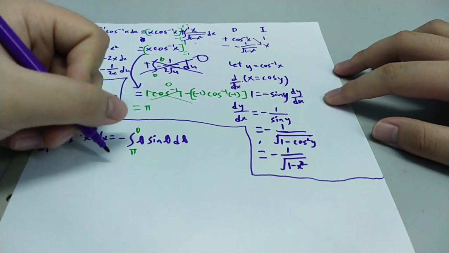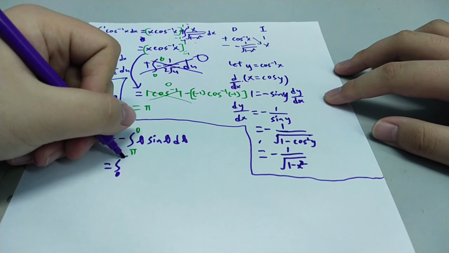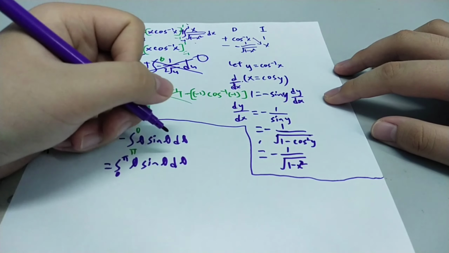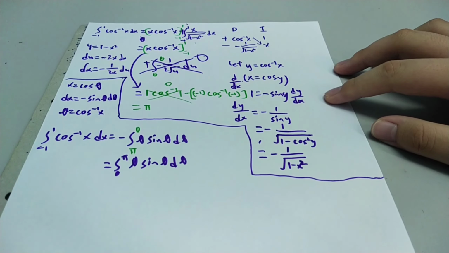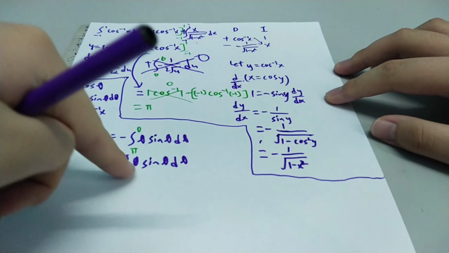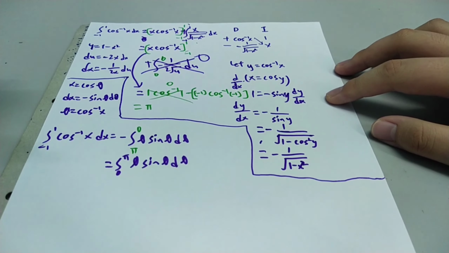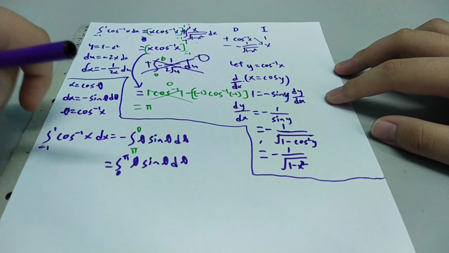So this thing is equal to the integral from 0 to pi of theta times sine theta d theta. And then we will apply integration by parts, because we got a polynomial times a trigonometric function, and sine theta is going to be easy to integrate, but theta is easy to differentiate because we can just keep differentiating until the differential column has 0.